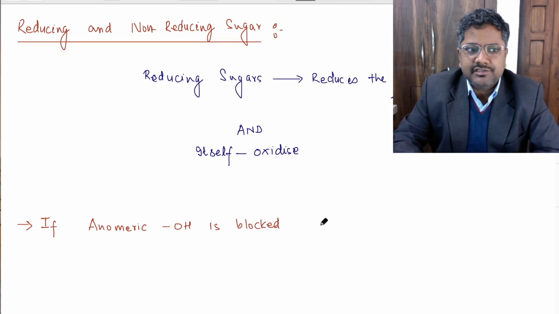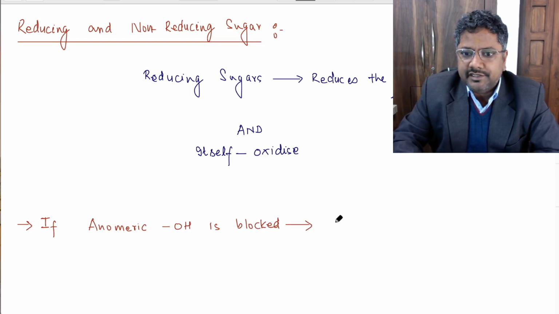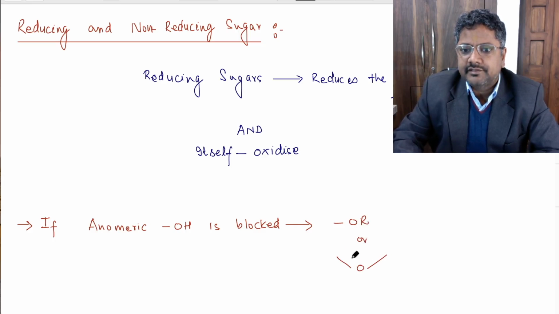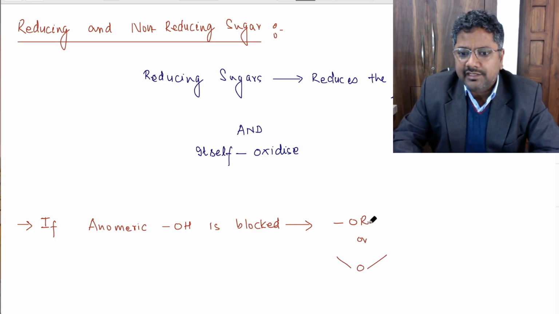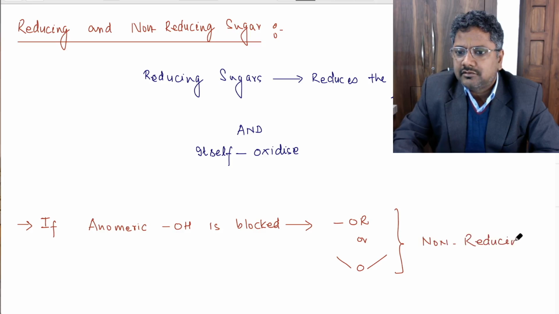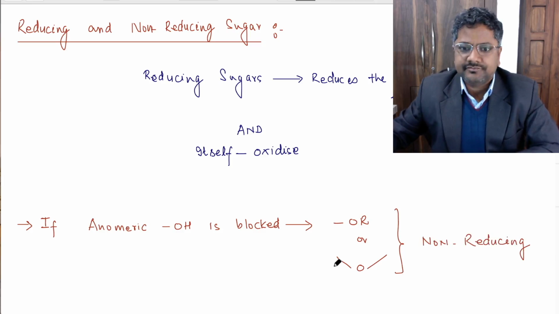What is the meaning of blocked? Blocked means it is in the form of OR, meaning OR is there, OCH3, OC2H5 or like that, or some other group is attached here. Such types of sugars are non-reducing, right?